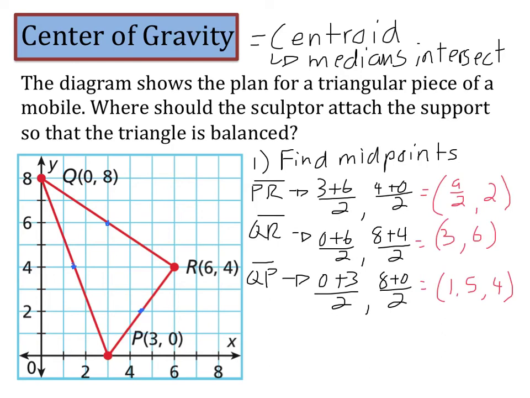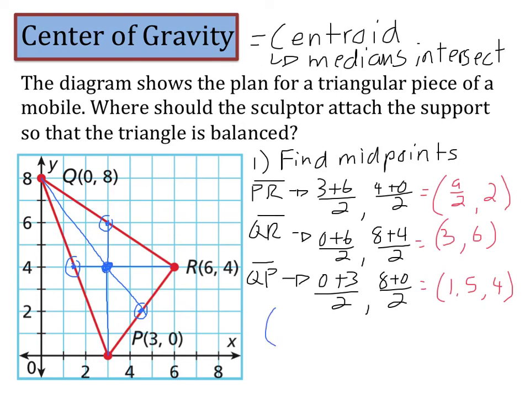So these go from their midpoints all the way down to the vertex. So you go from the midpoint all the way to the vertex, from this midpoint all the way to the vertex. So here we see that these intersect perfectly right at this point.